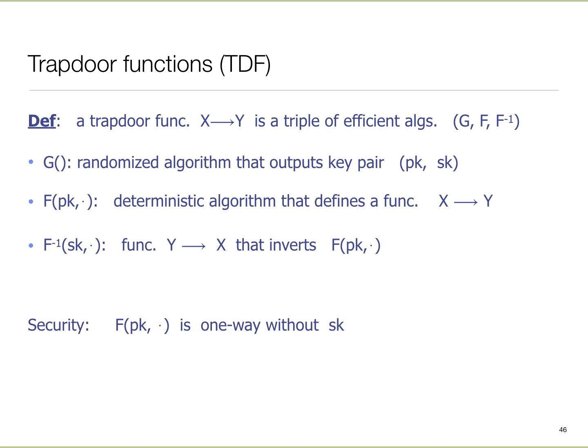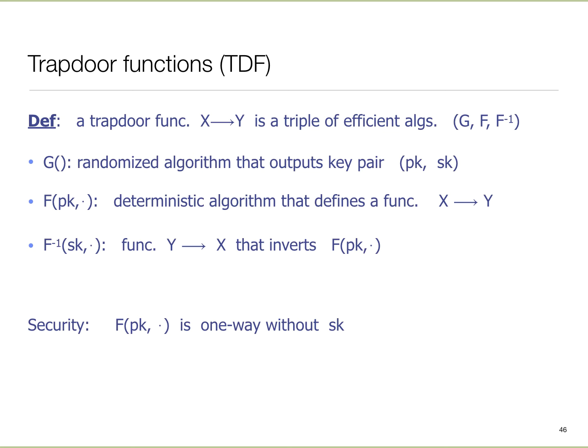There is some randomized algorithm G which outputs a pair of keys, pk and sk. Then I have a function f which, given the key pk, maps X to Y. So it's a function which takes as one input pk and another input some element from the set X and outputs an element from the set Y. You can think of this as the encryption function.